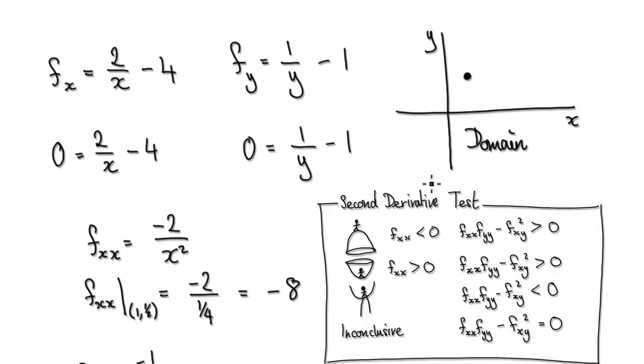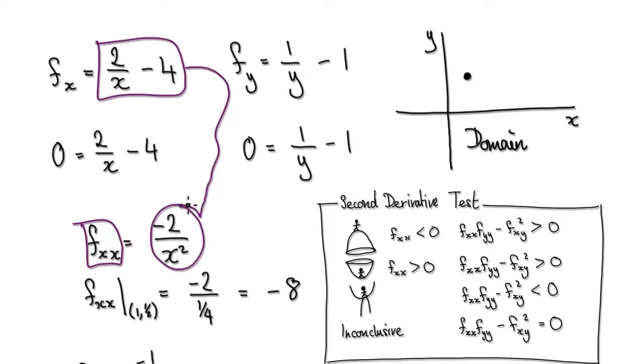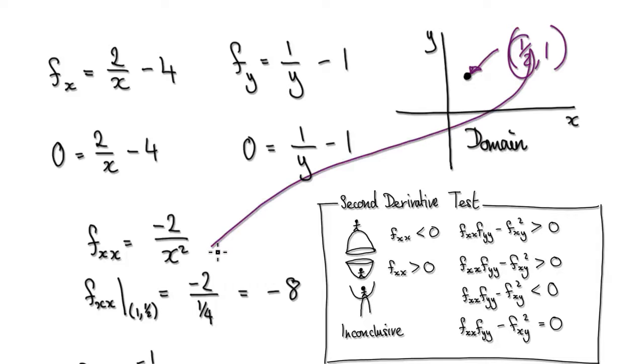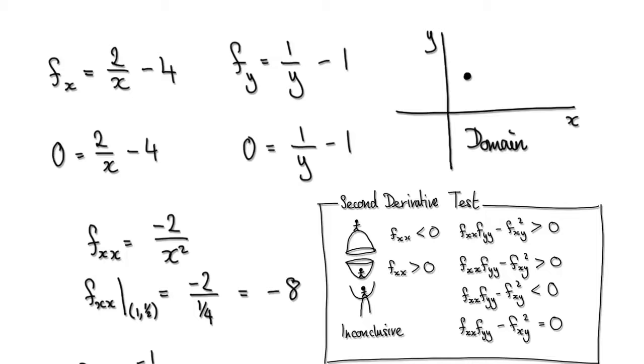So let's look at the concavity in the x direction. Looking at this, differentiate again, that will give us this, and then evaluate it at our fishy point, which was (a half, 1). Evaluate it at a half, 1.